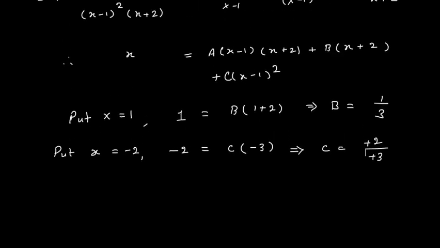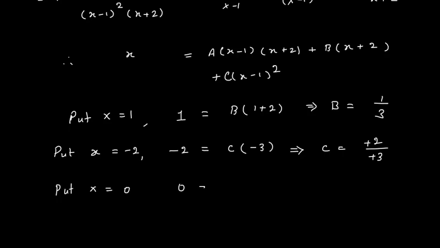Now for a what you will do? For a you put any value for x, along with that put the values of b and c also. So for example, already we have used 1 and minus 2, so we will not use those. Here we can put x is equals to any value, so I will take 0.